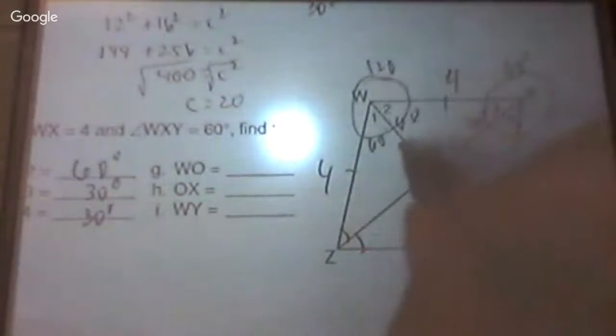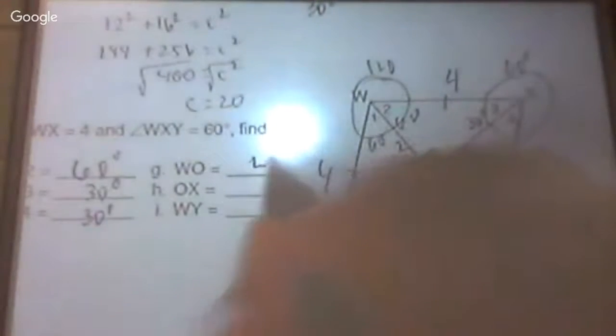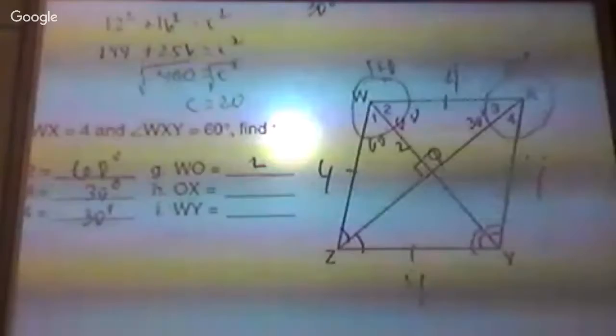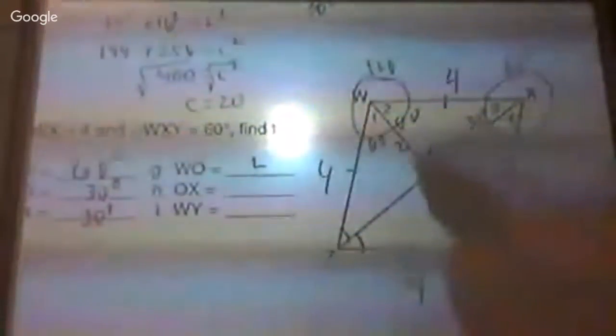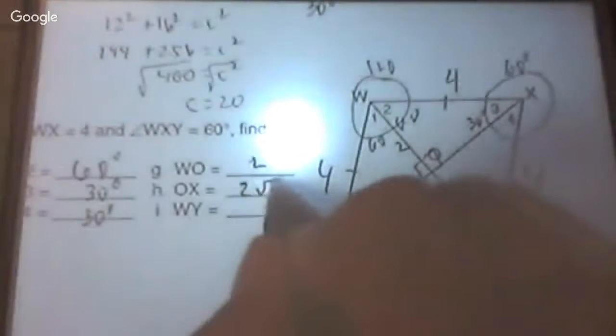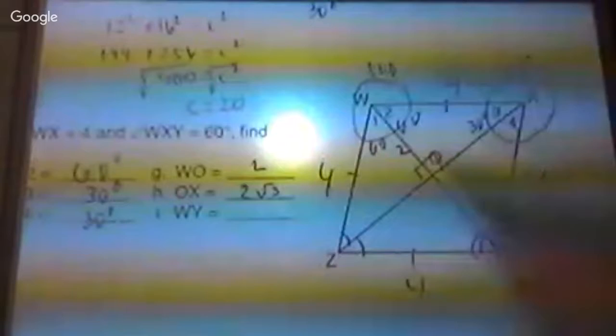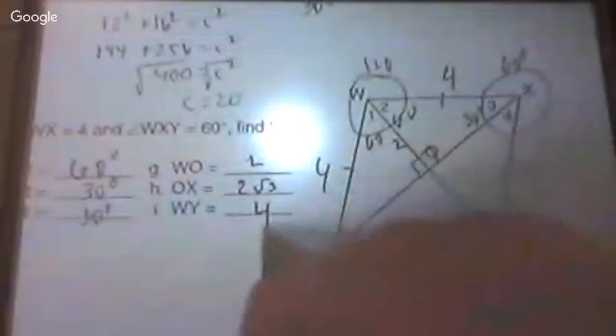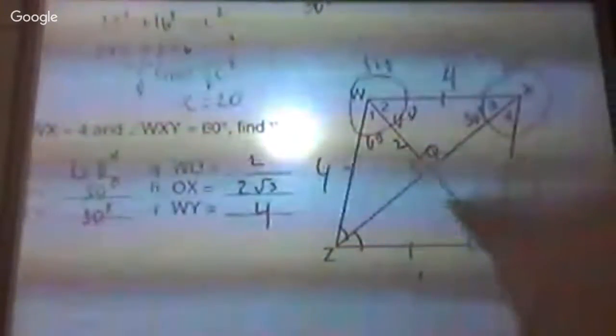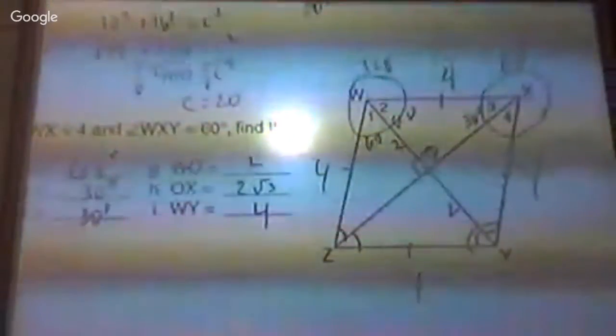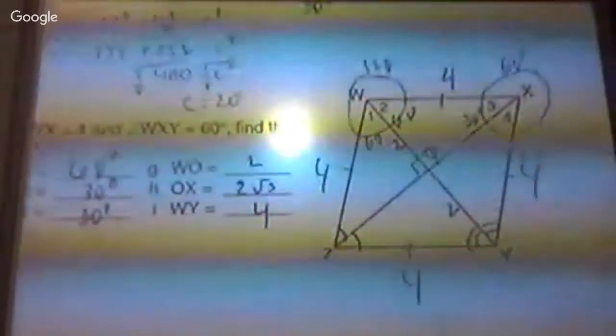So the length WO is actually 2. And there's a reason for that. Just write that down. G is 2. OX would be 2 square root of 3. And WY is actually 4. Because if this one's 2, this one's 2. And that adds up to 4. So that's how you get a couple of those.